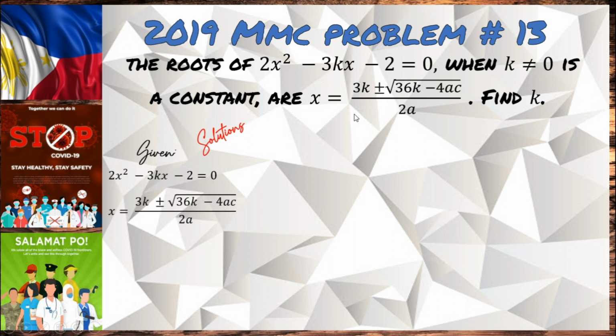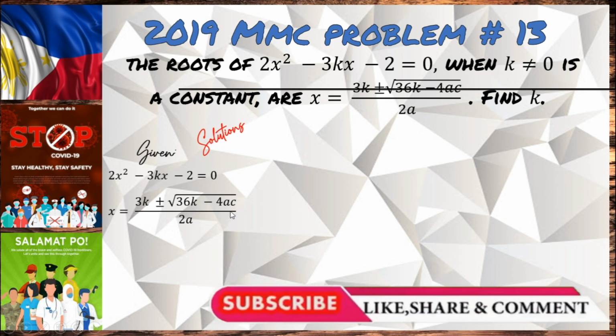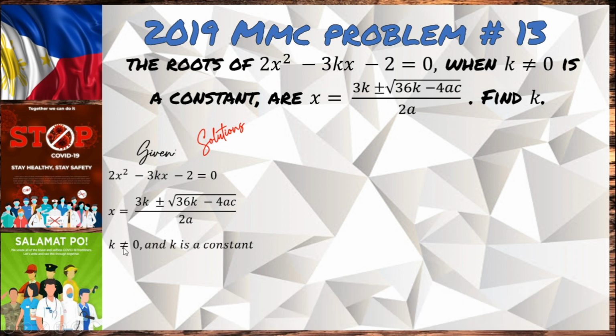It is also given in the problem that x is equal to 3k plus or minus the square root of 36k minus 4ac, all over 2a. It is also given that k should not be equal to 0 and k is a constant. Now, we are asked to find k.